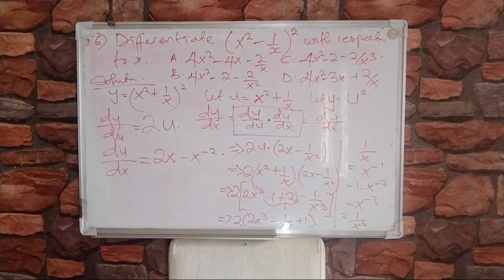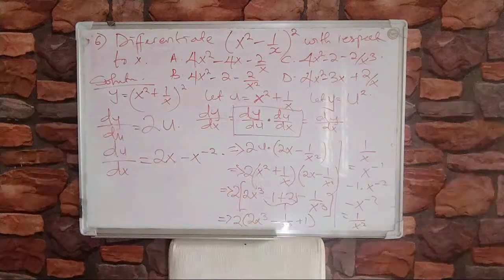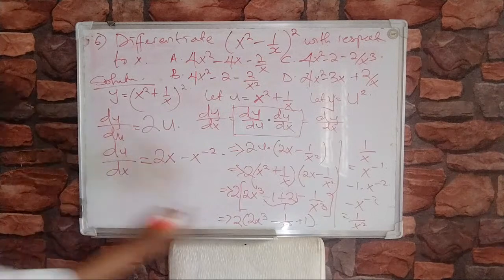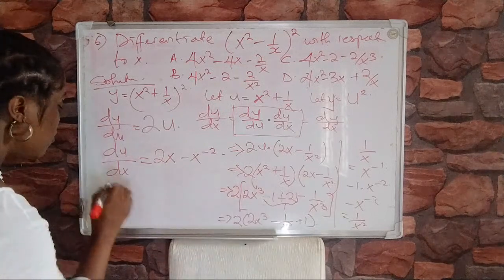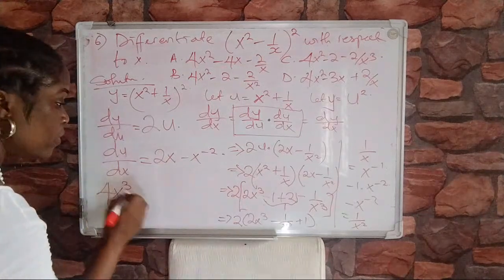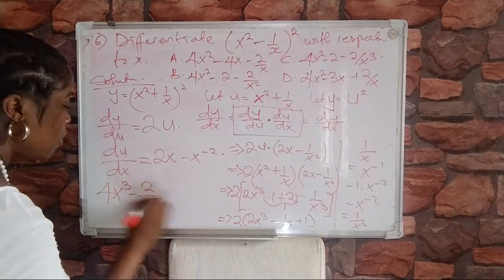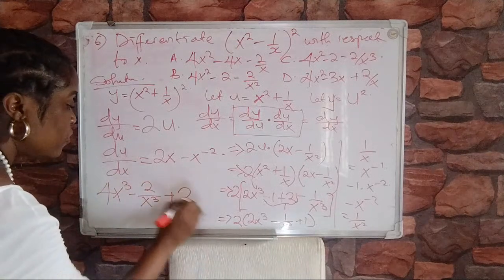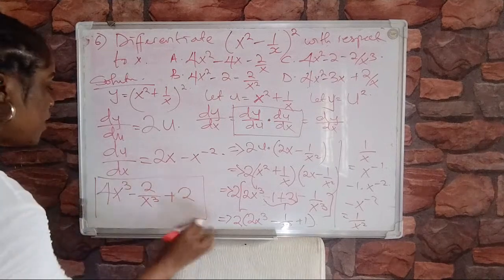Are we almost getting there? I guess we are. So if we expand this, you have 4x cubed minus 2 all over x cubed plus 2. This should be our answer.